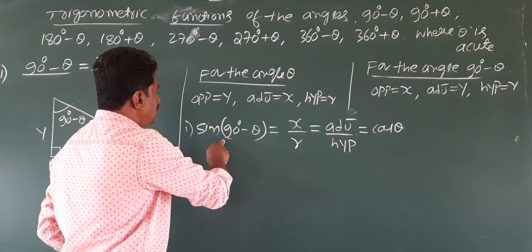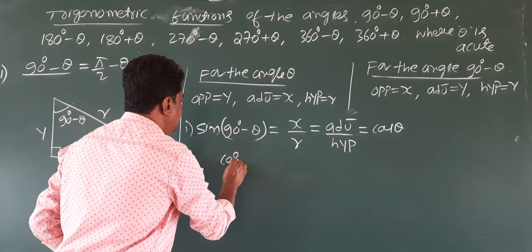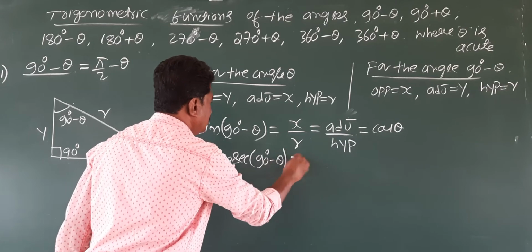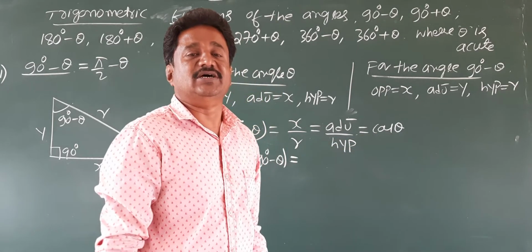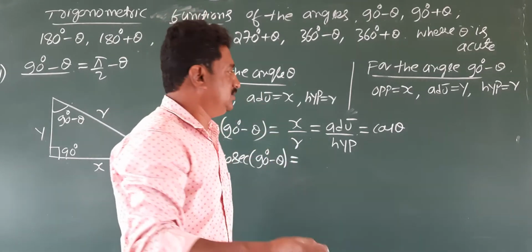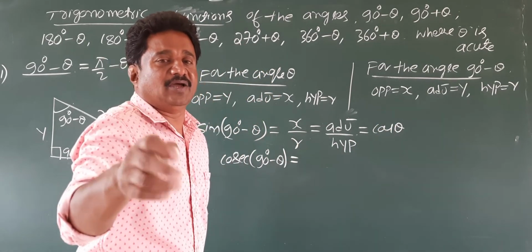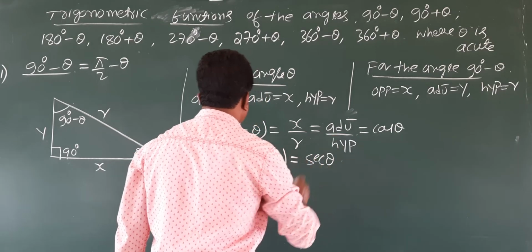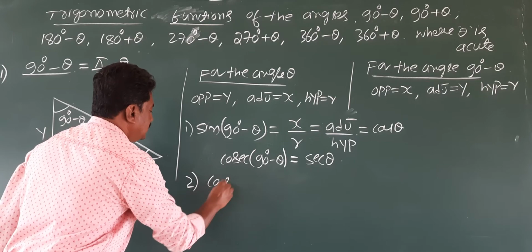What is the reciprocal of sine? Cosec. So cosec 90 minus theta. What is the reciprocal of cos? 1 by cos, which is secant. You learned that in the last class. So cosec 90 minus theta is secant theta.